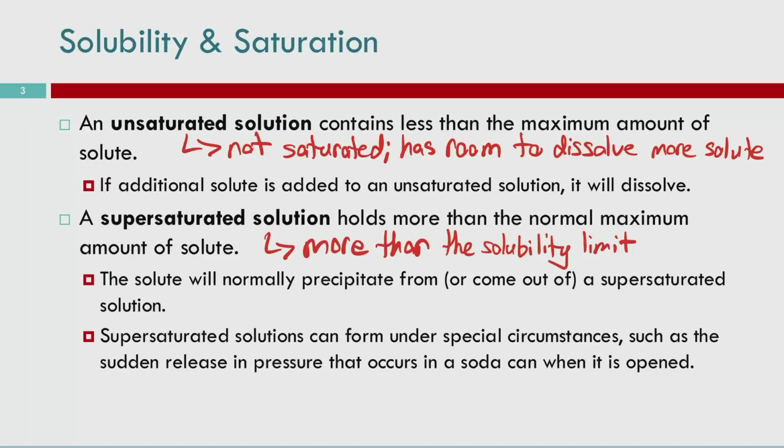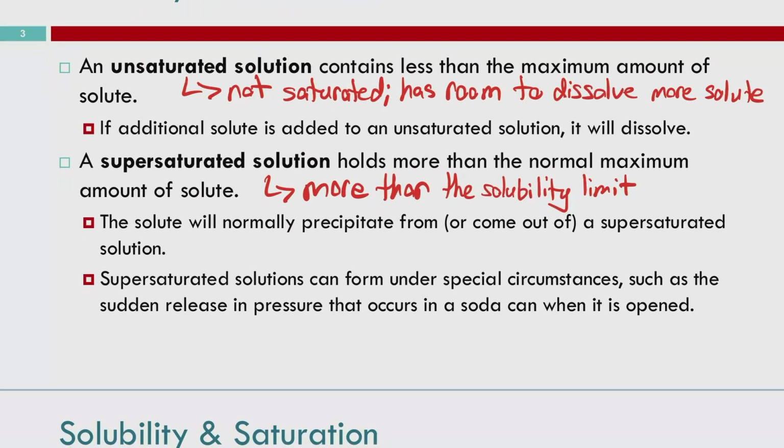We used this to our advantage in the alum lab. That's how we were able to produce crystals. Supersaturated solutions also form under specific circumstances. I'm saying specific instead of special because opening a can of soda is typically at like about 2 atmospheres of pressure. When you open it up, the pressure drops to the atmospheric pressure, which is about 1 here.